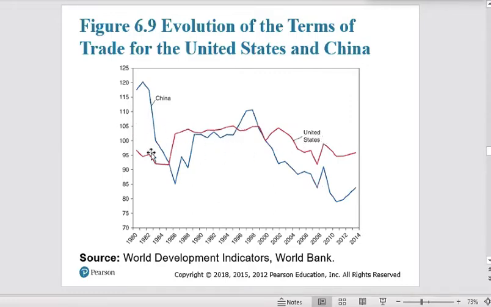around 100 level. So around this level, not much difference, not much change to the US terms of trade.